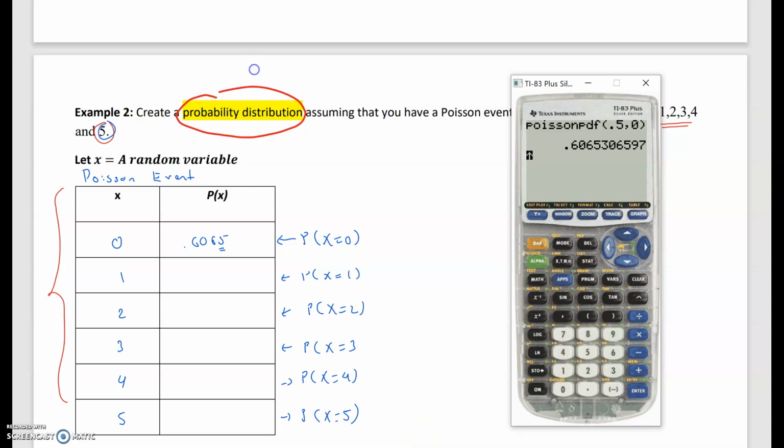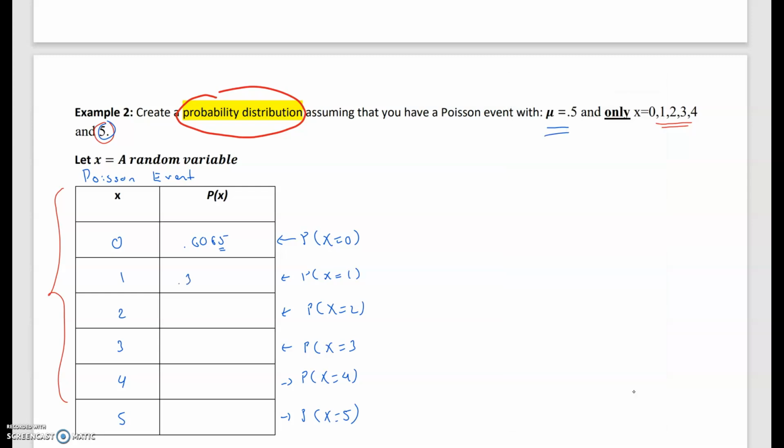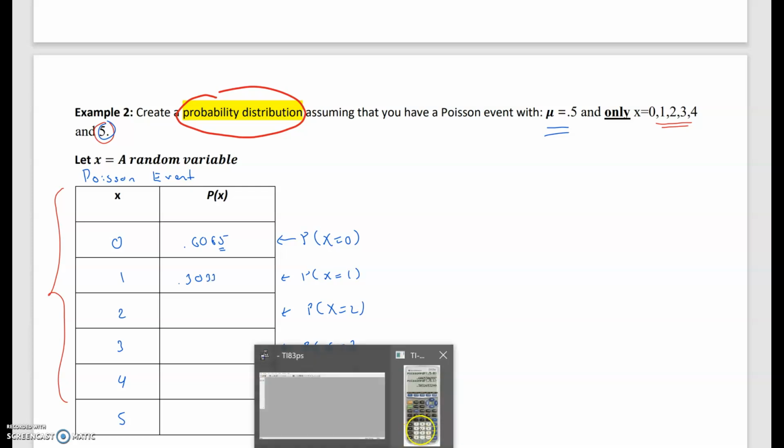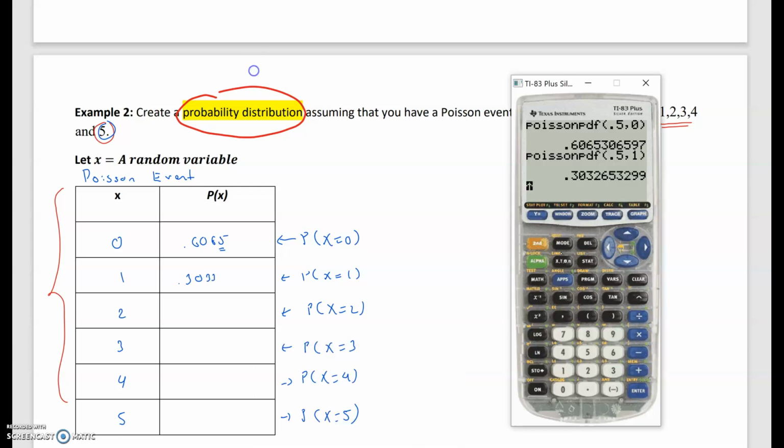Let me run it again. And then in this case, I'm just going to modify the 0 to 1. And I'm getting 0.3033. And then in the same format, we're just going to keep evaluating all the values.